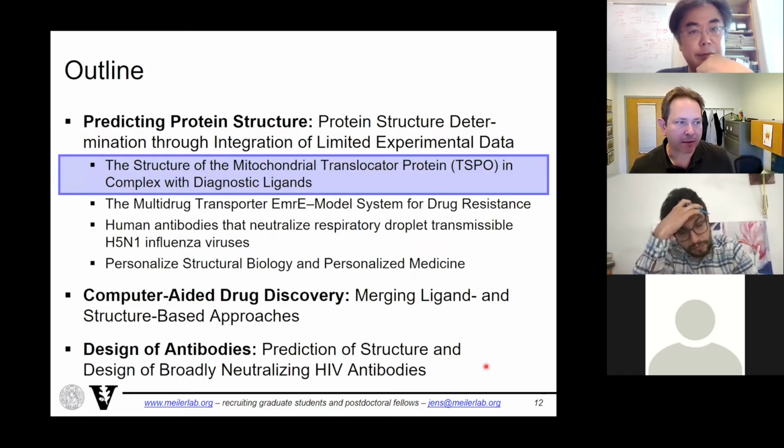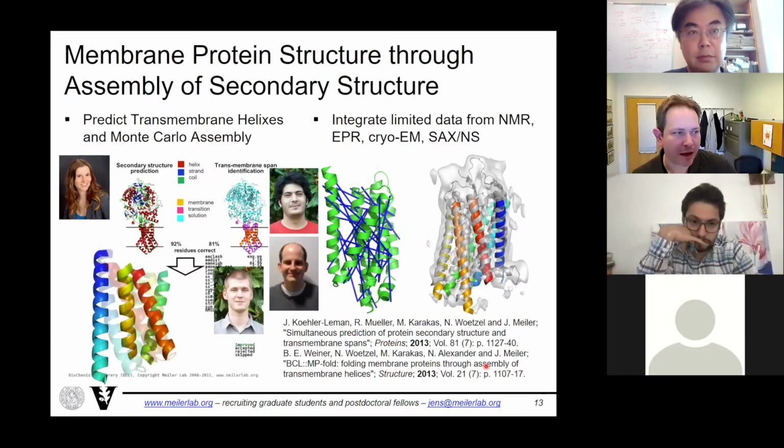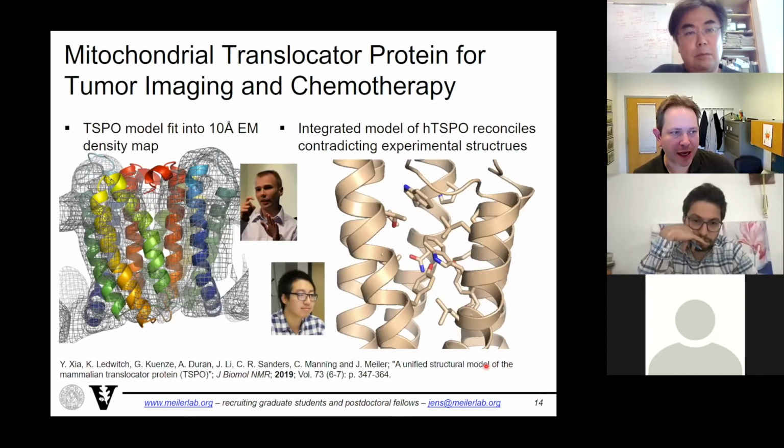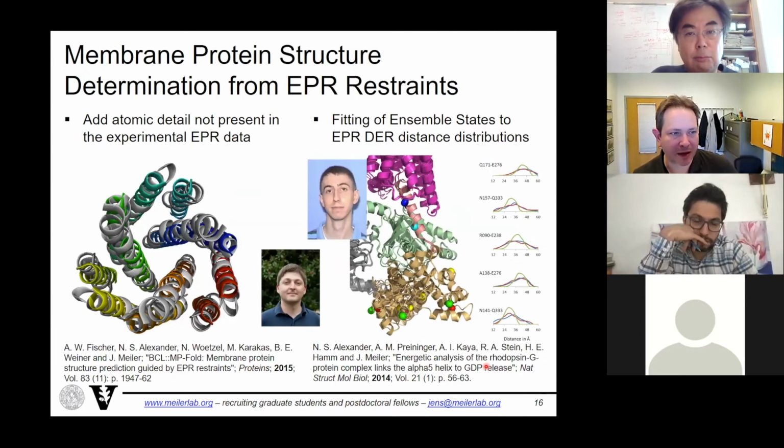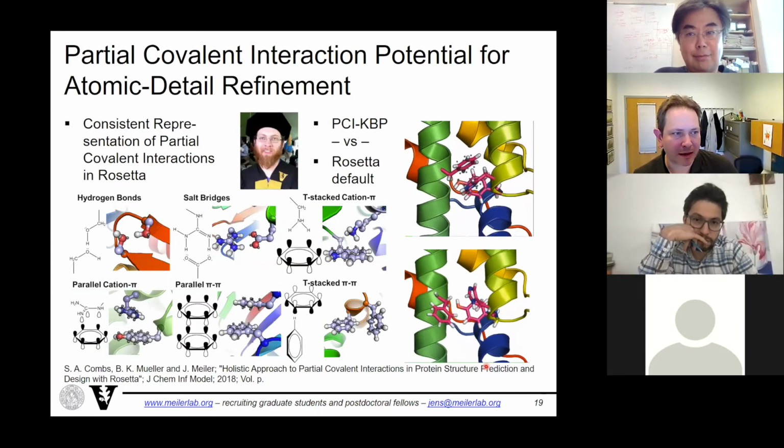I'm gonna jump through some projects just to try and stay focused and not overwhelm you with too many things. I mentioned we are working on membrane protein structure prediction, and I skipped that. Here's a multi-drug transporter that we did.